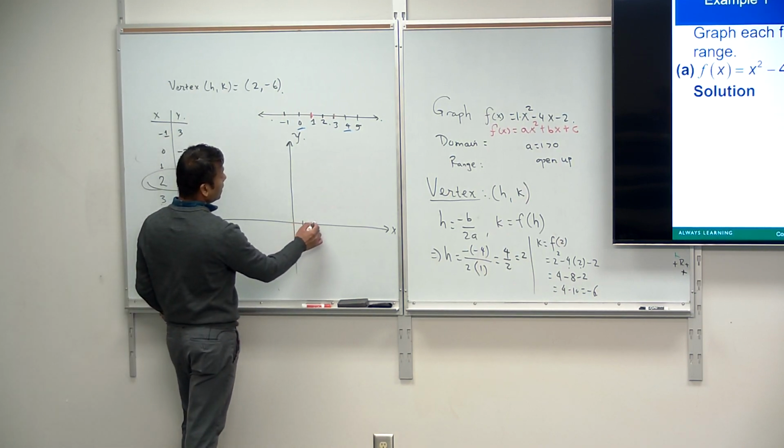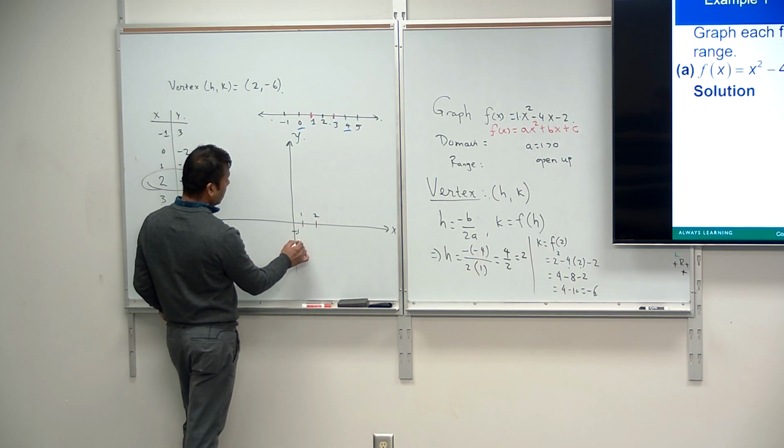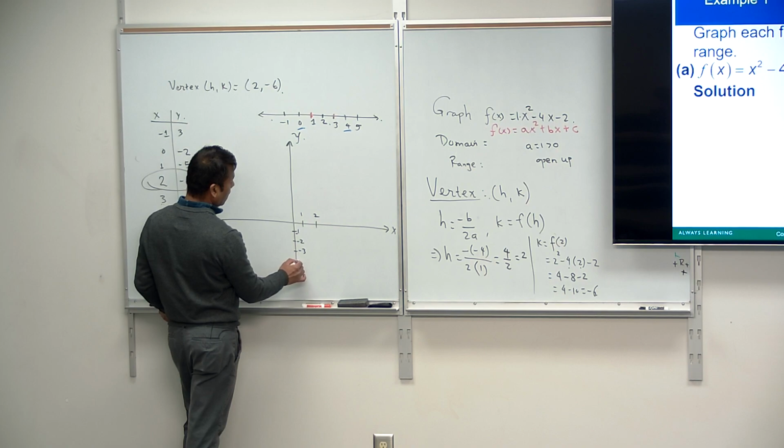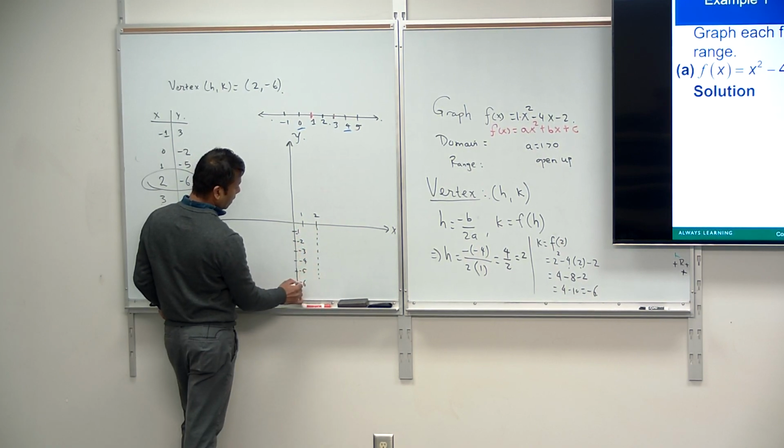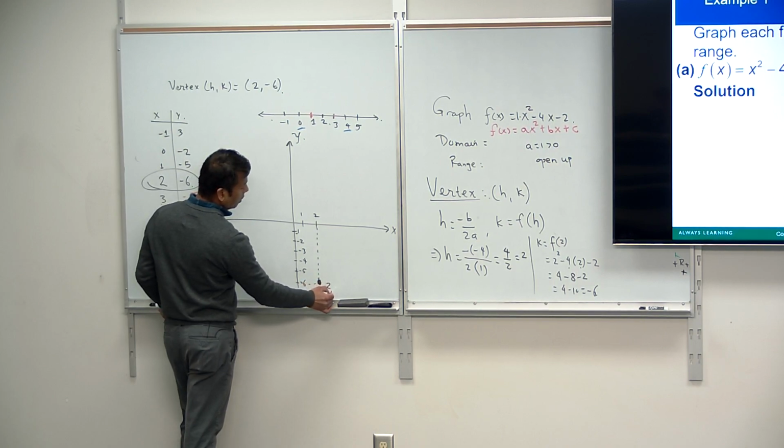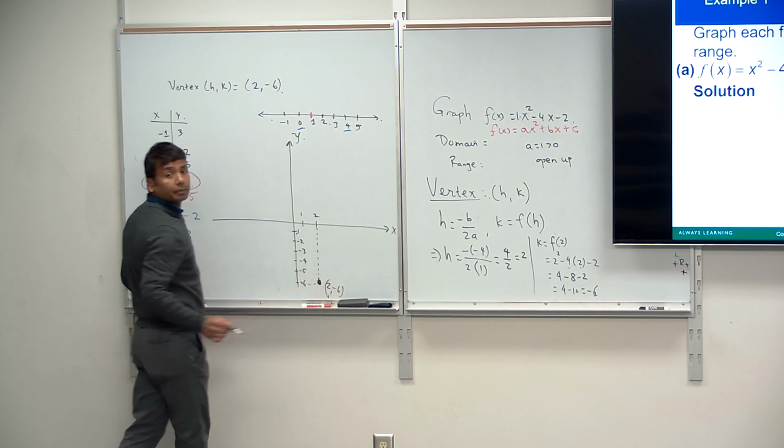This is 1, 2, and negative 1, negative 2, negative 3, negative 4, negative 5, and negative 6. So this is the vertex, 2 comma negative 6.